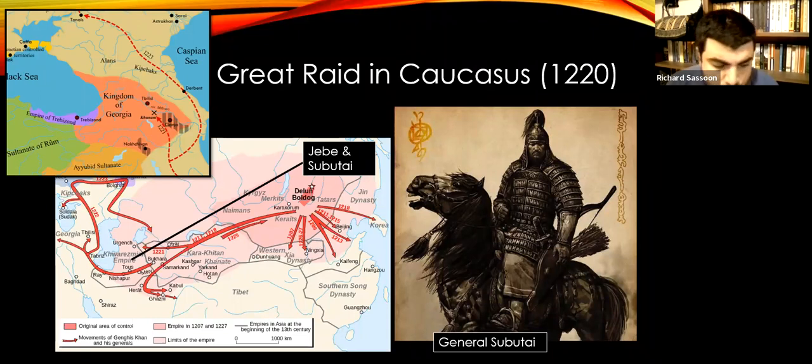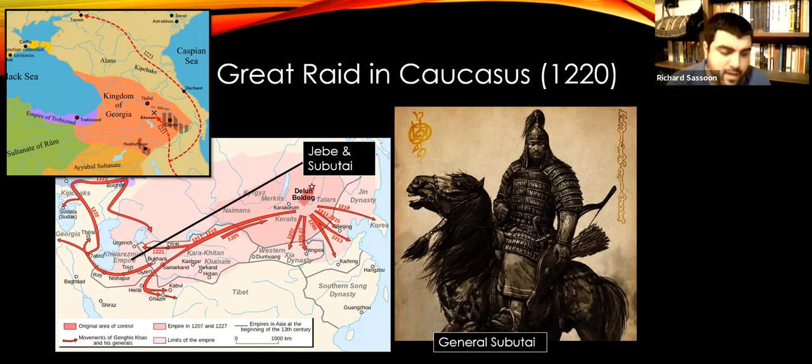And so Genghis Khan tasked two of his most experienced generals, Subutai and Jebe, to follow the Khwarezm Shah wherever he went. And they were given 20,000 men in order to do this. Now, Jebe and Subutai pursued him all the way to the Caspian Sea, where Alauddin Muhammad found a small island and died there before the Mongols could get to him.